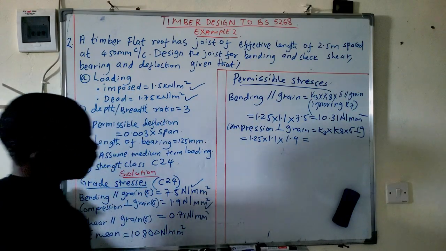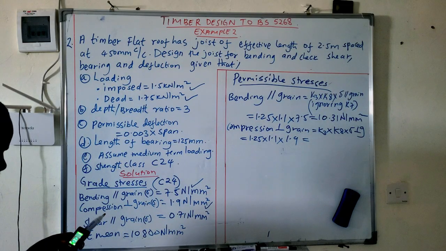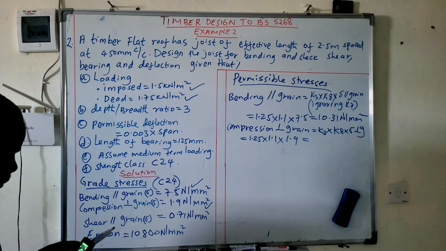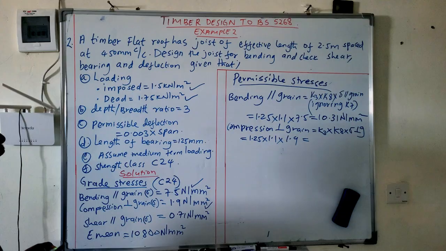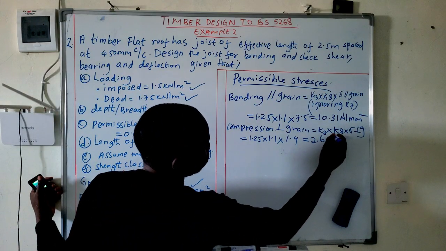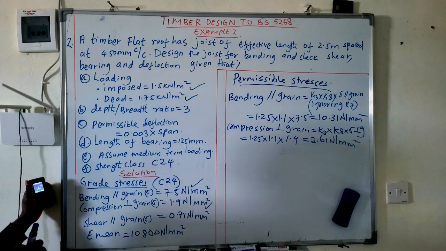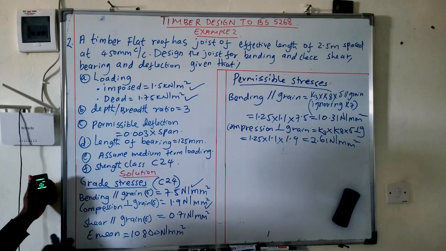So the answer is, punch your calculator, 2.61 Newton per millimeter square.